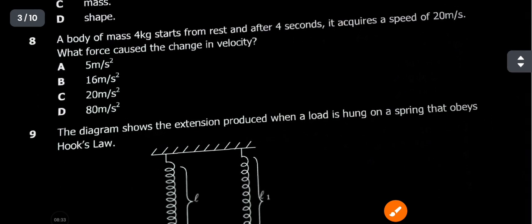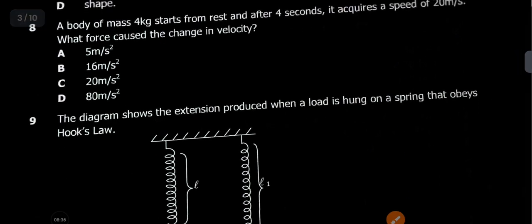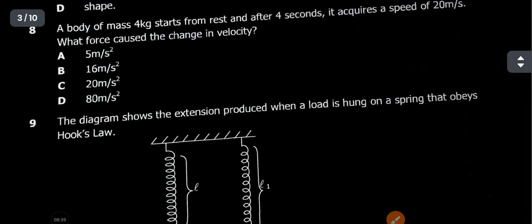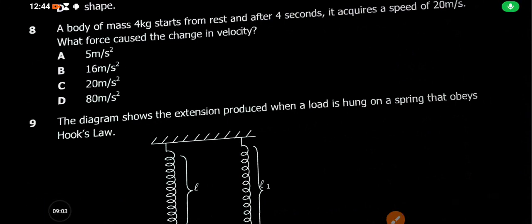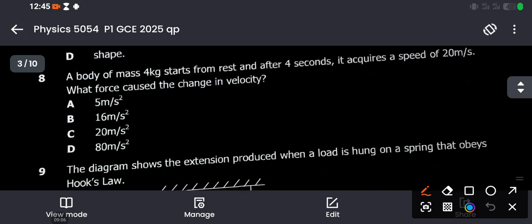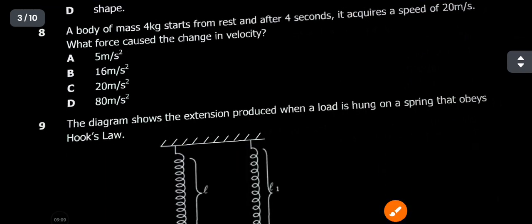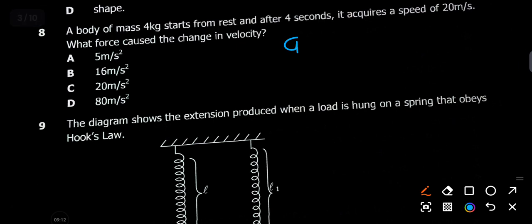Alright, question 8 says a body of mass 4 kg starts from rest and after 4 seconds it acquires a speed of 20 meters per second. What force caused the change in velocity? Alright, the question is simply requiring us to calculate the acceleration. In order to do this, let us use the formula that says acceleration is equal to v minus u over t.